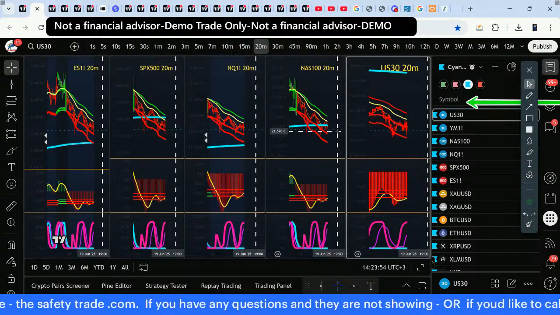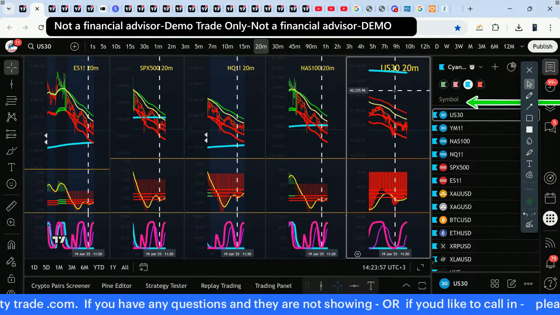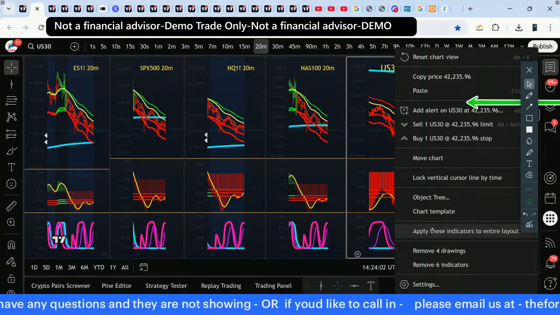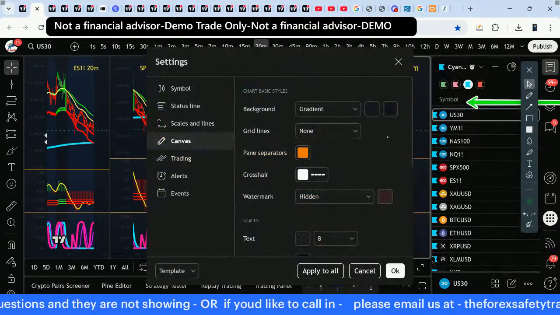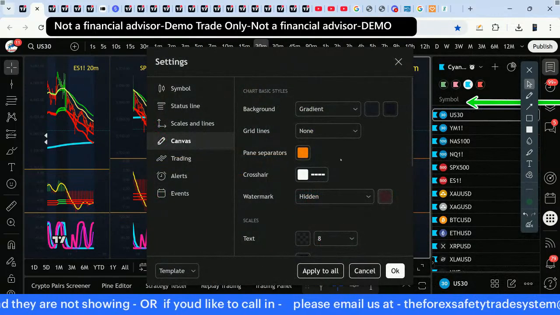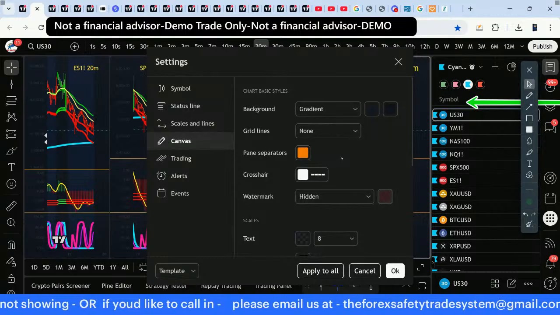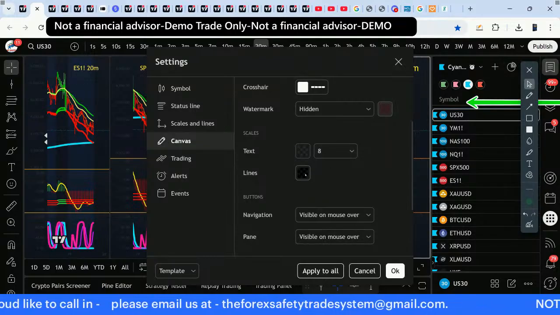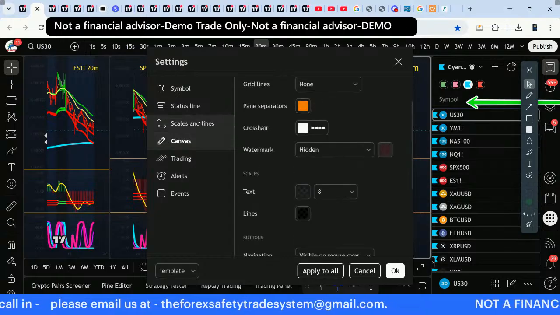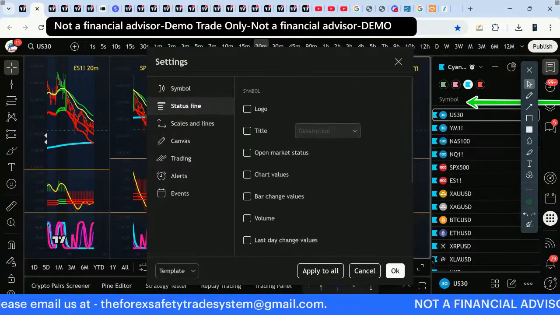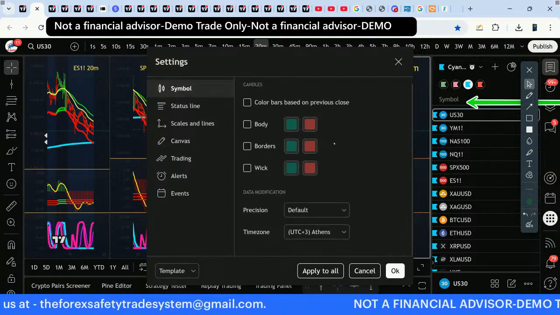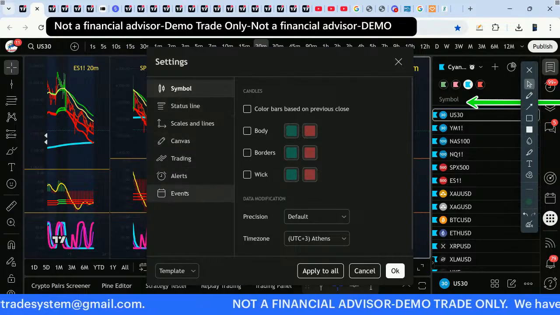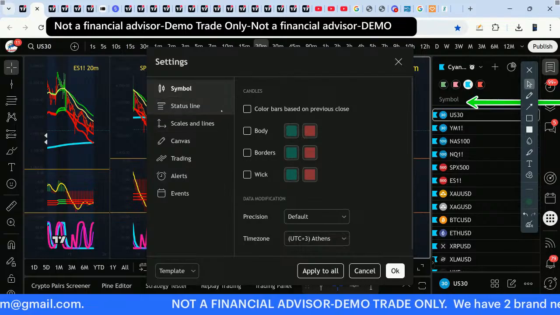How do I get this green red dash line to change colors, or does TradingView not have a way to do that? How do you do that? You can change your crosshair. We don't want grid lines, no. Text lines. Canvas scales. Status. Simple. Quick. No. I don't think we can change it.